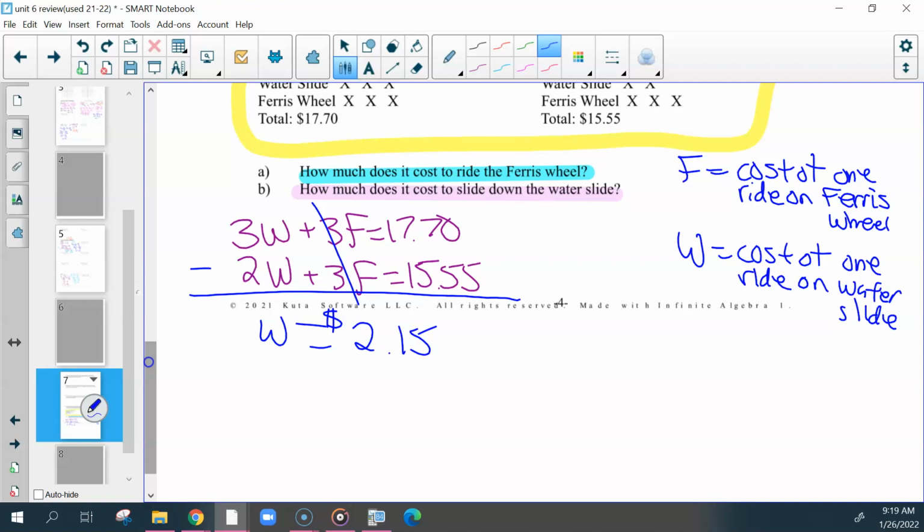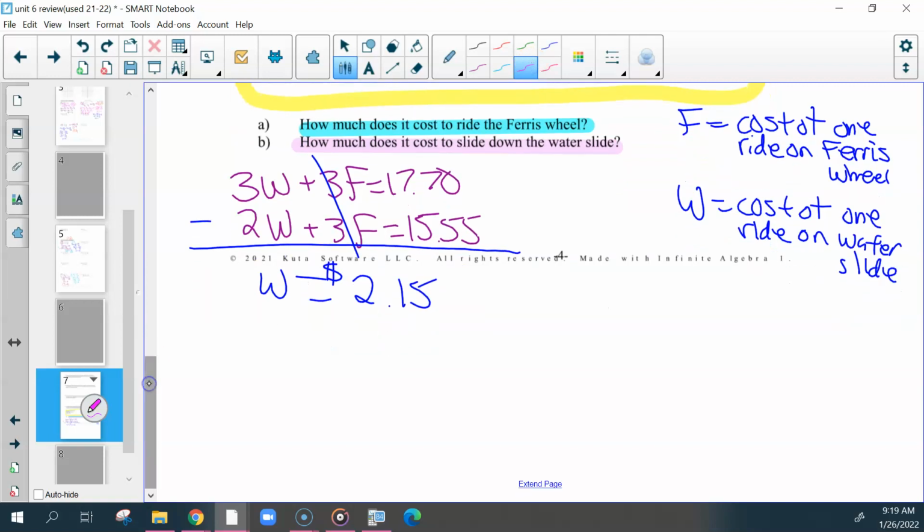Then we need to put this back in and find the cost of one ride on the Ferris wheel. Doesn't matter where you put this back in at. What would that be? 6:45, I think.